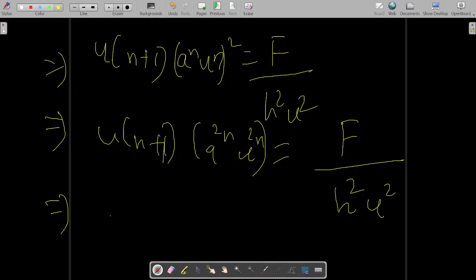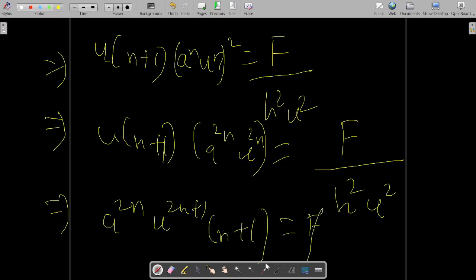That implies a to the power 2n u to the power 2n plus 1 into n plus 1 is equal to f divided by h square u square.